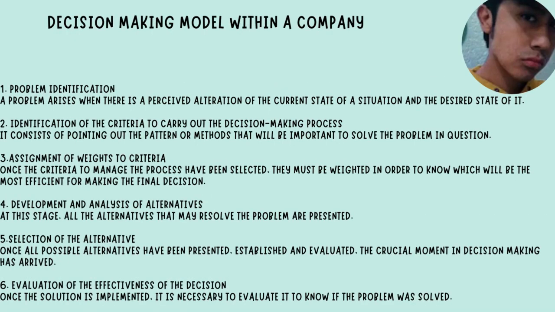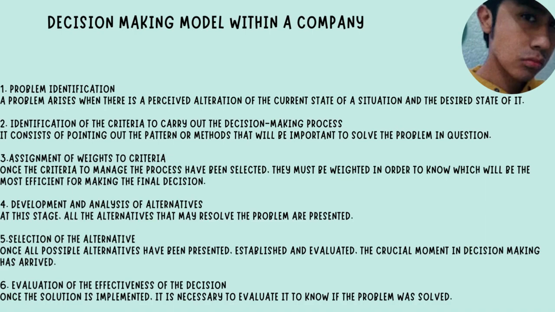The next point is the decision-making model weight in a company. Point 1. Problem identification. A problem arises when there is a perceived alteration between the current state of a situation and the desired state of it.